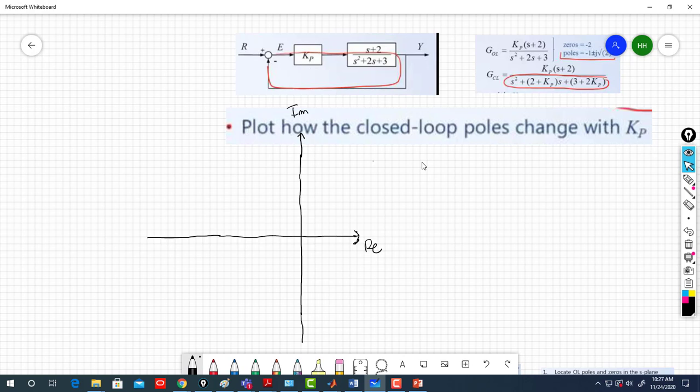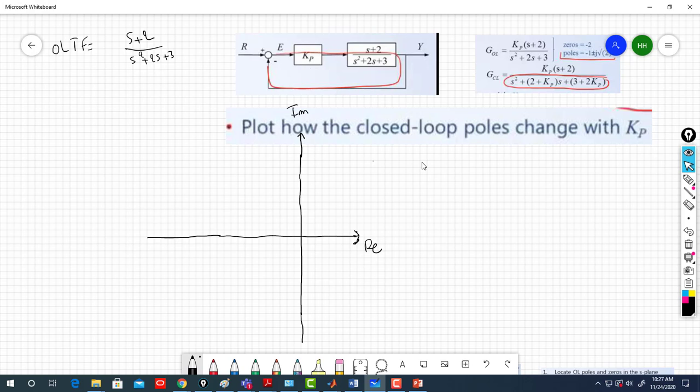What's the open loop transfer function? S plus 2 over S plus 2, S plus 1. For the roots, you mean these are the roots?